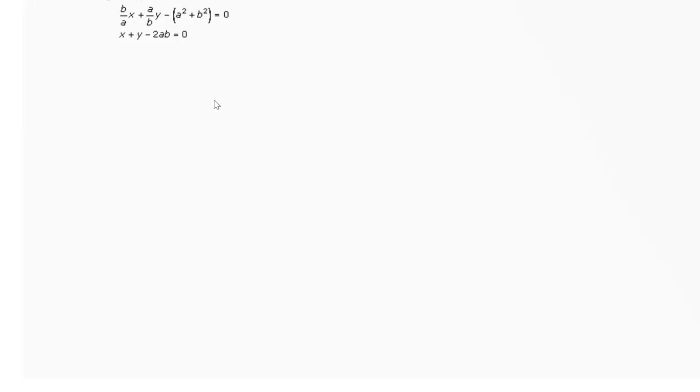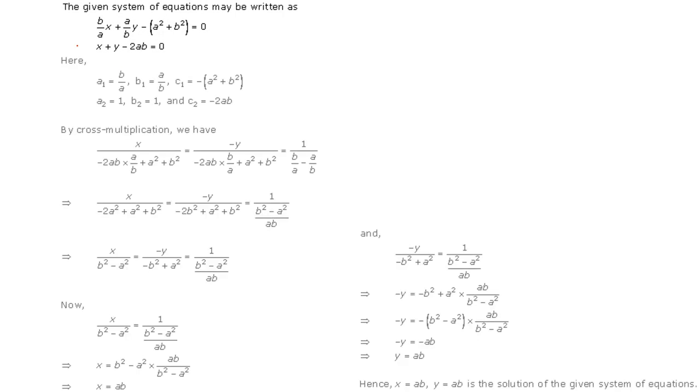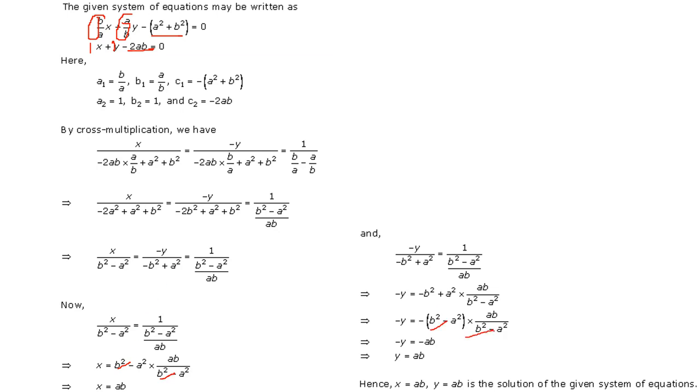Here again a1 is b by a, b1 is a by b and c1 is minus a square plus b square. Here your a2 is 1, b2 is 1 and then c2 is minus 2ab. Do the cross multiplication, then the only thing which you will see here is that final things will get cancelled. It will be simply x will be ab and y will be equal to ab.